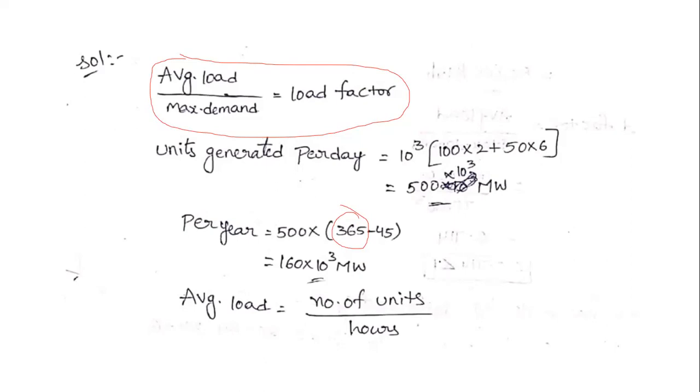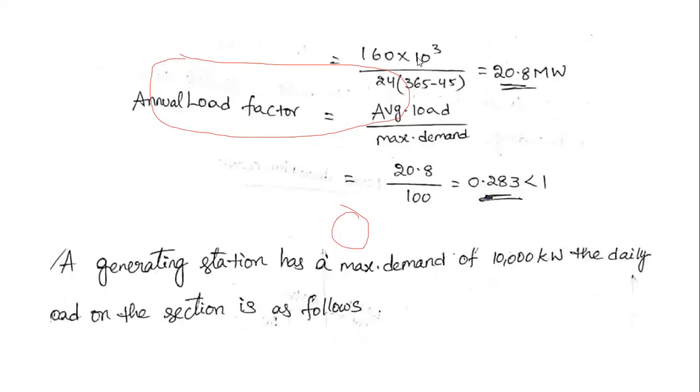Next we calculate the average load. What is the formula for average load? It is the number of units generated per hour.